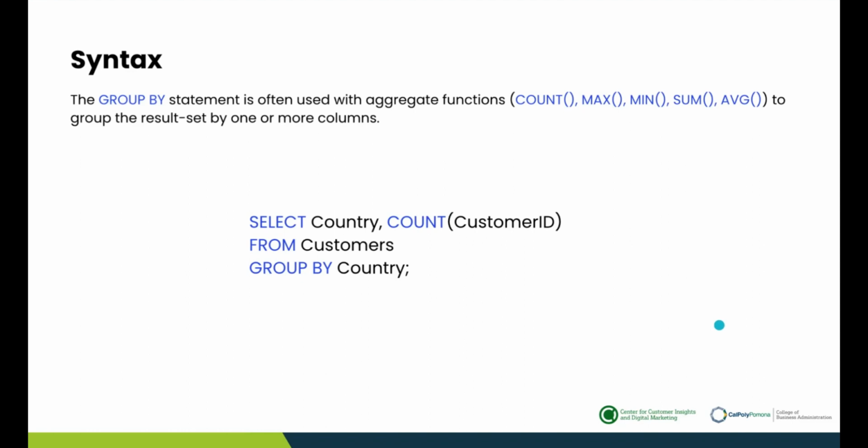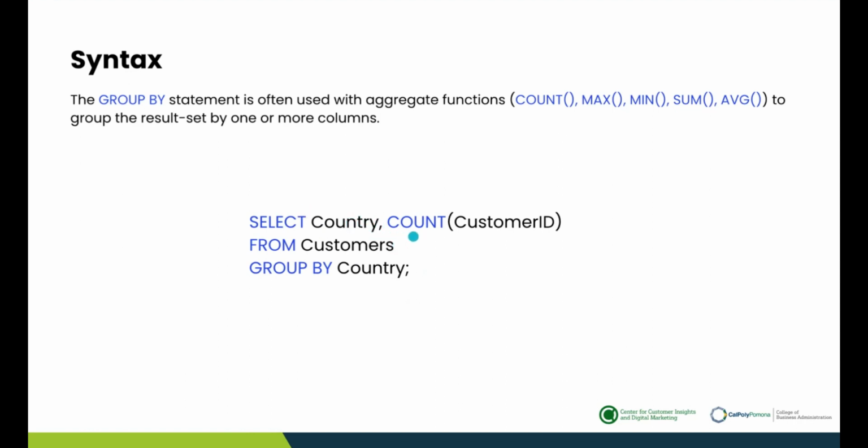So how are we going to use those aggregation functions? You just put the aggregation function in front of the column name you want to calculate. The task is to find the number of customers in each country, right? So I do FROM customers and then select the country column.